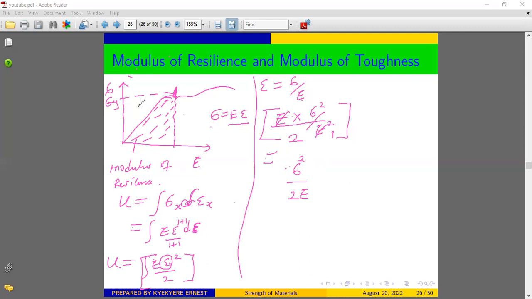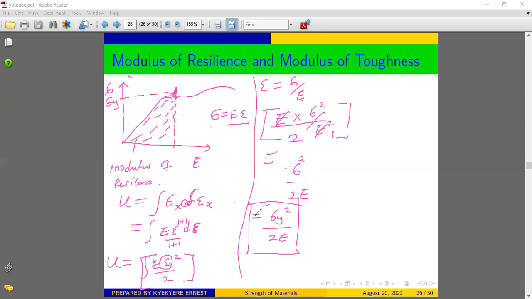And we know that this stress is up to the yield stress. So wherever we see this stress, we can put the yield stress. So we can say that it is the yield stress squared over 2E. So this will be our formula for determining the strain energy up to the yield stress.